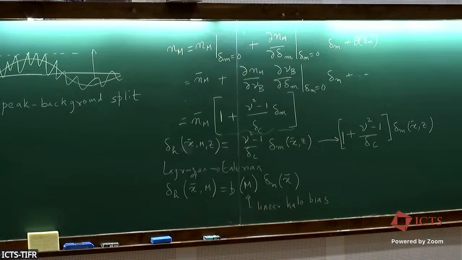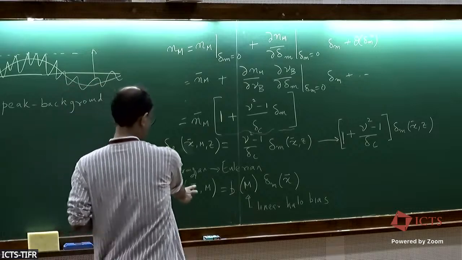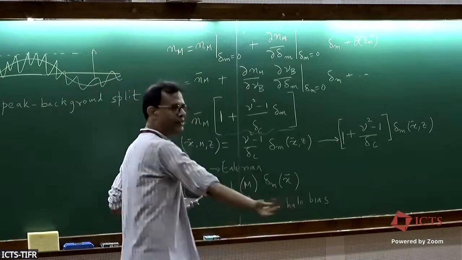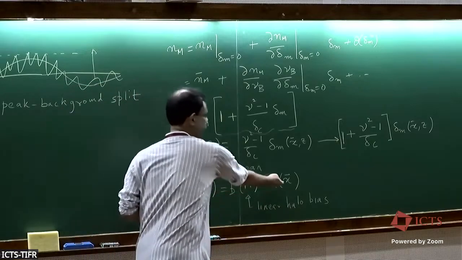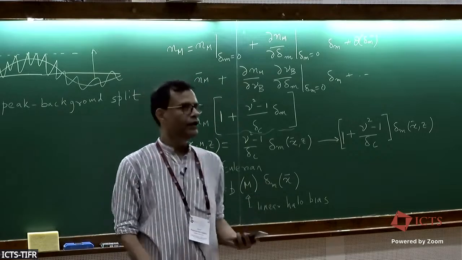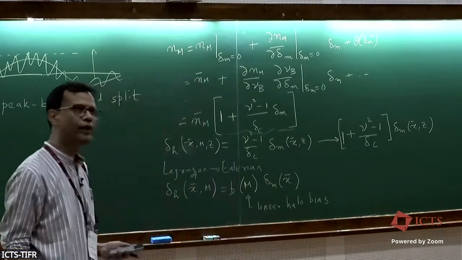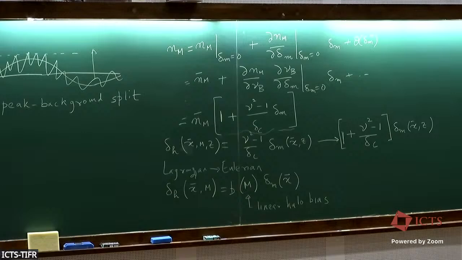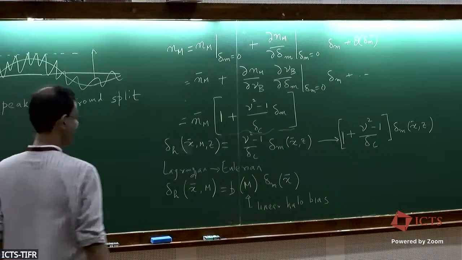So bias essentially tells you how different are the fluctuations in the tracer you are interested in compared to underlying matter. In principle, you can calculate this bias for any tracer you are interested in. We are doing it for halos. Eventually, we can do it for galaxies, and we will do that, and for gravitational wave events.